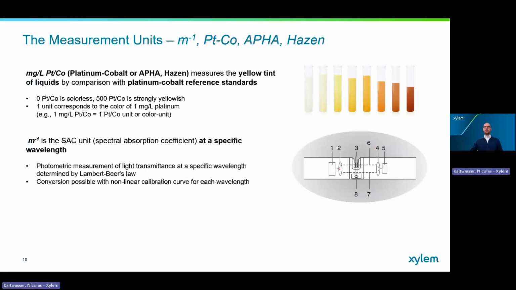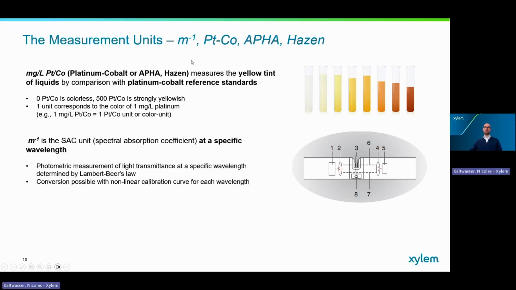So talking about the different measurement units, this slide will explain what the differences are. We saw that there are regulations that use the milligram per liter platinum cobalt scale, which is also called AFA or Hazen.